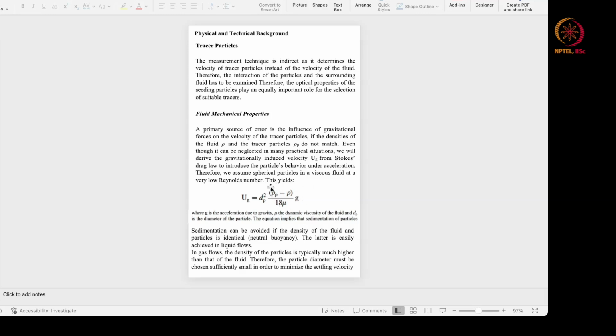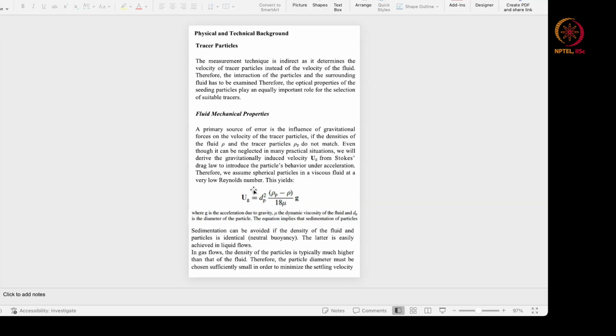So the particle diameter has to be made very small to minimize the settling velocity, because the other term here is dp squared. If you reduce the diameter by half, the settling velocity goes down by 1/4. It's a square dependence, right? So if you decrease the particle diameter, you can achieve the same effect as reducing the density. There are two players here: the difference in density, and the diameter of the particle.